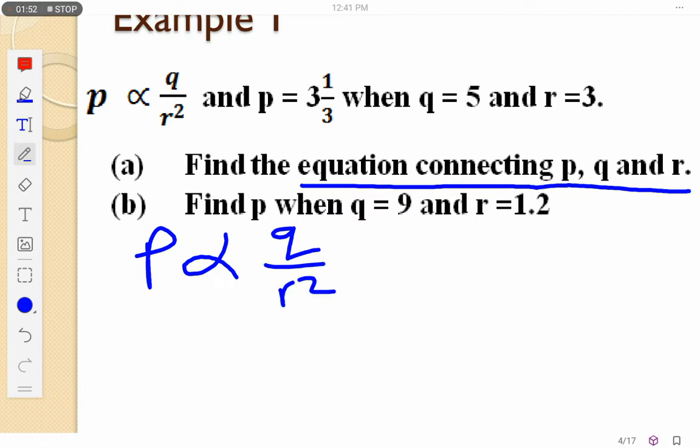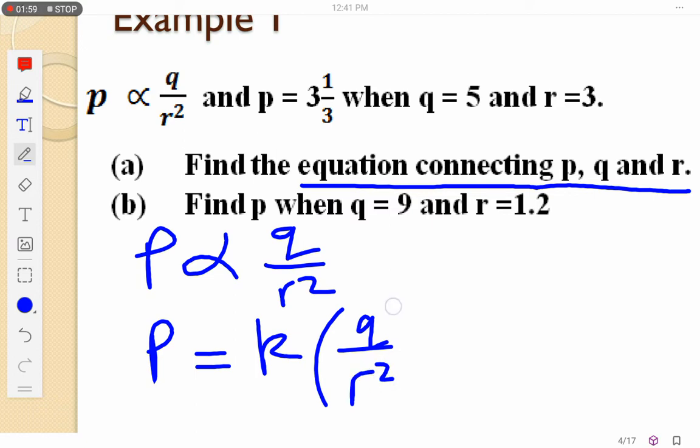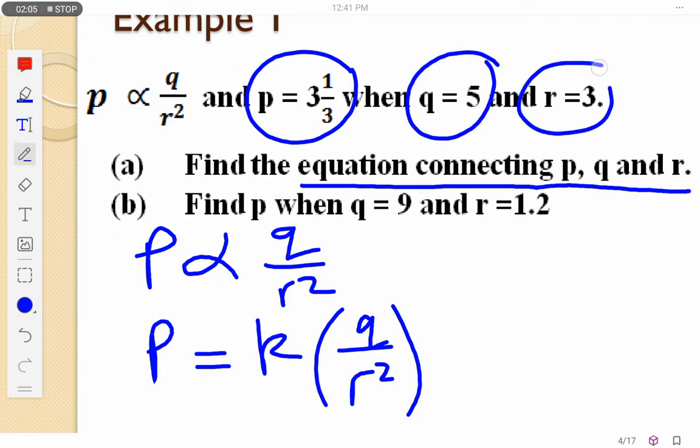So we introduce our constant K: P is equal to K Q over R squared. Now I'm going to use the information that I'm given. P is that, Q is that, and R is that. Let's substitute into our equation.